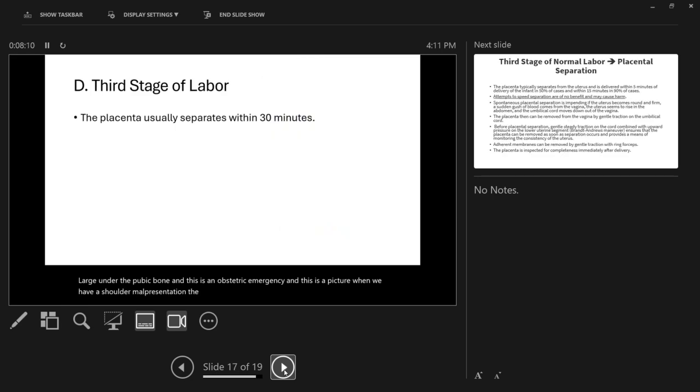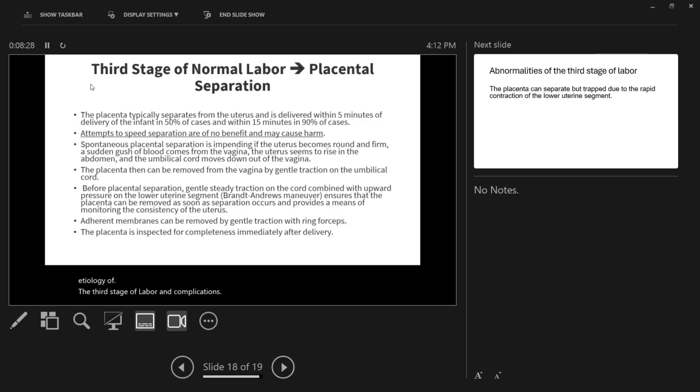The third stage of labor is when the placenta usually separates within 30 minutes. There's going to be another Panopto, including some of the etiology of the third stage of labor and complications. When we have a placenta separation in the third stage of labor, the placenta separates within 5 minutes of delivery of the infant in 50% of the cases, and in 90% of them, it stays up to 15 minutes.